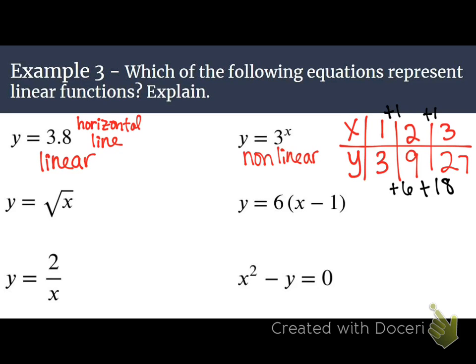So if you want to write yourself an explanation, x in exponent, that will always be nonlinear. Questions about y equals 3 to the x? Okay.